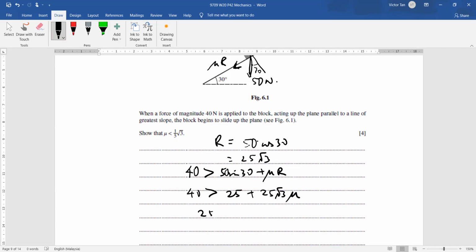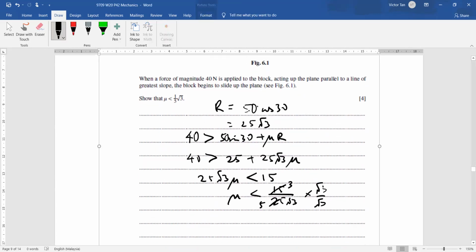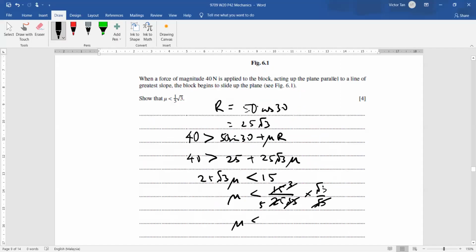So 25 root 3 mu is smaller than 15. Mu is smaller than 15 over 25 root 3. This is 3, this is 5, so cancel, you have mu smaller than root 3 over 5. Okay, sure.